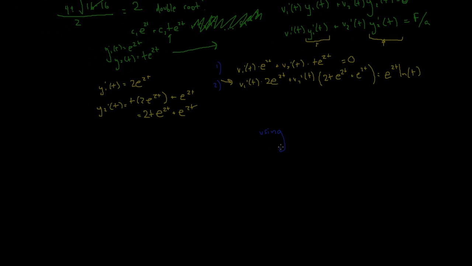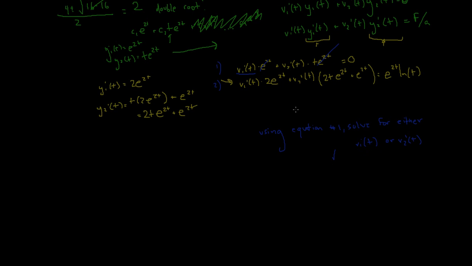Using equation number 1, you can solve for either v1 prime of t or v2 prime of t. In this case, let's say we're solving for v1 prime of t. We'll subtract this to the other side, divide it by this, which cancels out with this, if you can imagine that. So v1 prime of t in this case would equal negative v2 prime of t times t.